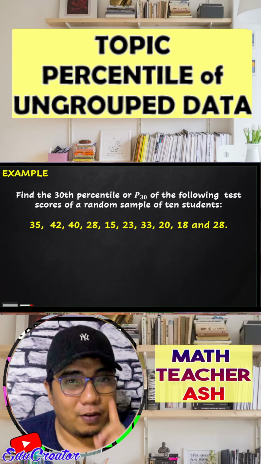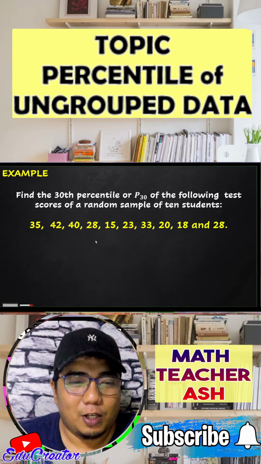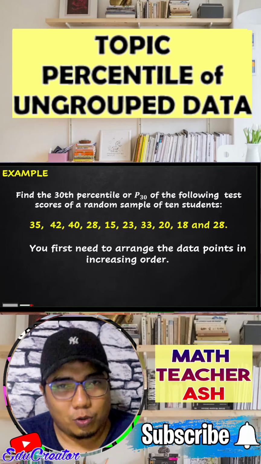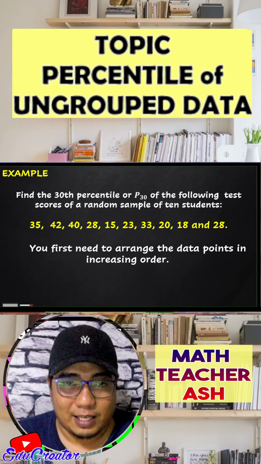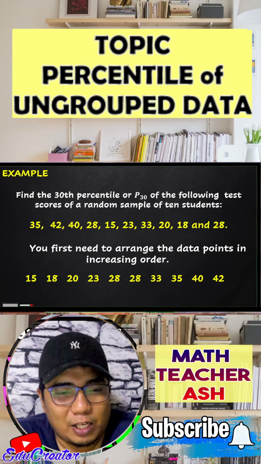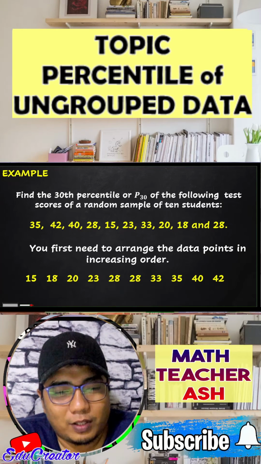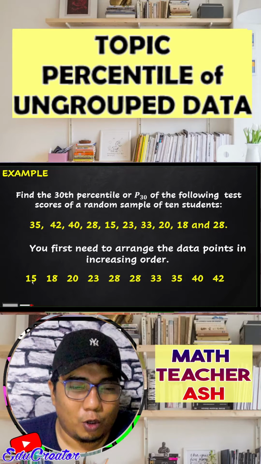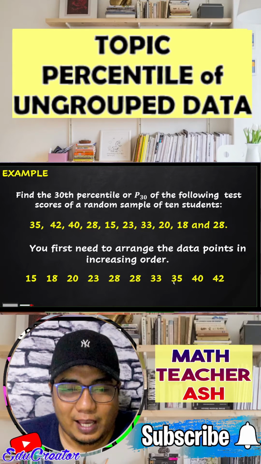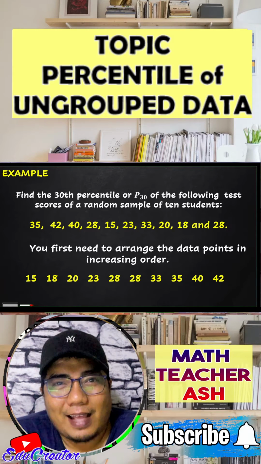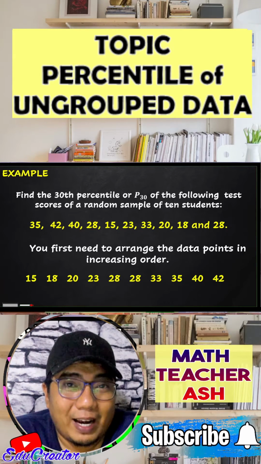The first thing we should do is arrange our data points from the smallest to highest, in increasing order. Our result will be: 15, 18, 20, 23, 28, 28, 33, 35, 40, and 42. So we have 2, 4, 6, 8, 10. We have 10 data points. Therefore, 10 will be our n.